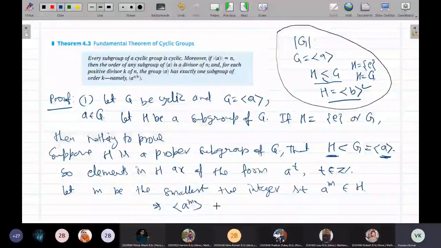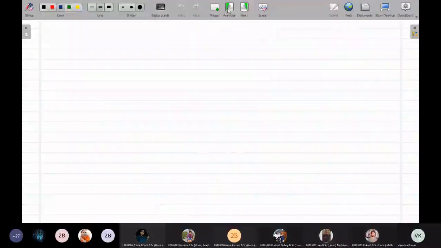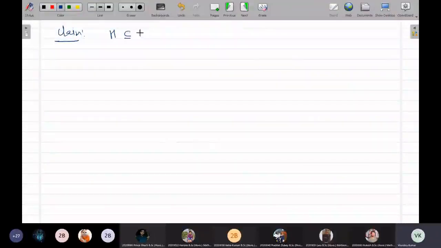Okay, so we need to prove what? We need to prove otherwise. Okay, that is, H is contained in the group generated by A to the power M. Fine. So now we claim, what we claim? H is a subset of the group generated by A to the power M. Okay. So for this, what we need to do? Usual process. Let us take some element in H. Okay.